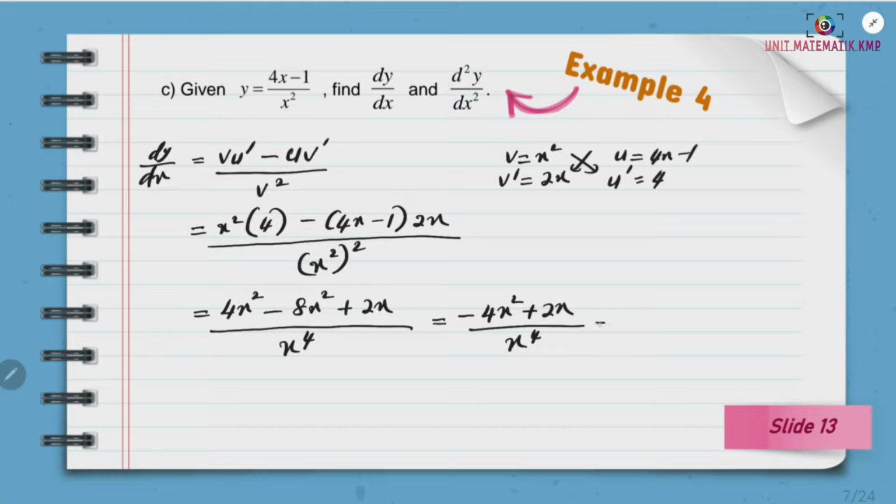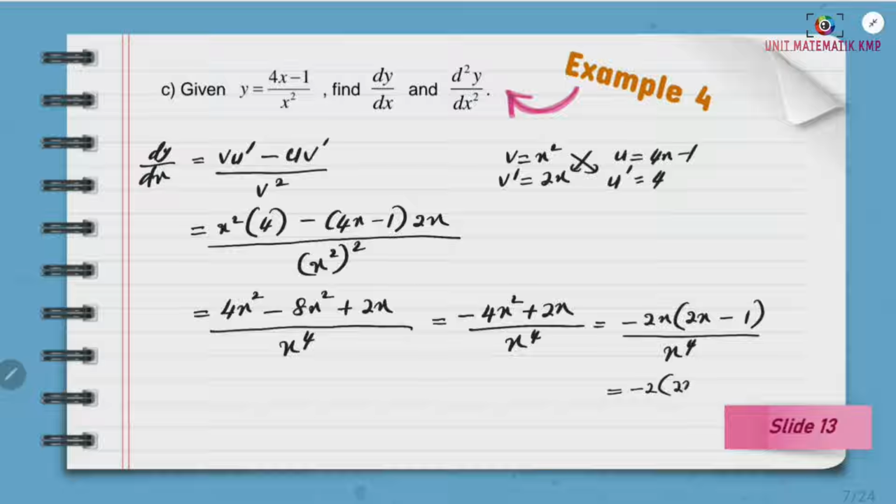We can factorize negative 2x. So, we have negative 2x times (2x minus 1) divided by x power 4. And we can simplify to negative 2 times (2x minus 1) over x cubed.